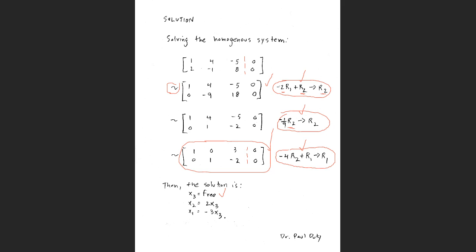It's going to be a consistent system. So I let x3 be the free variable. Then x2 will equal 2x3 and x1 will equal -3x3. Okay, so are there any questions on this so far?